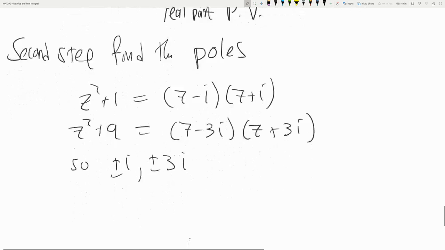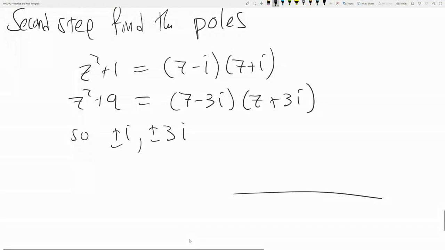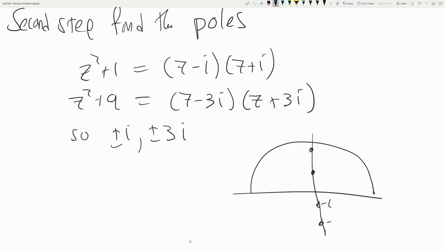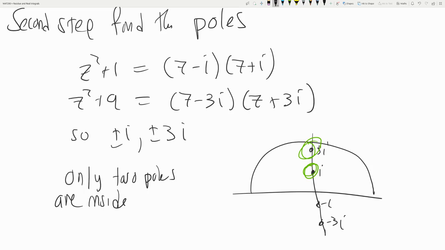All right, let's go back to our picture. These are here, here, here, and here. Let me do them in color. So only two poles are inside, i and 3i.